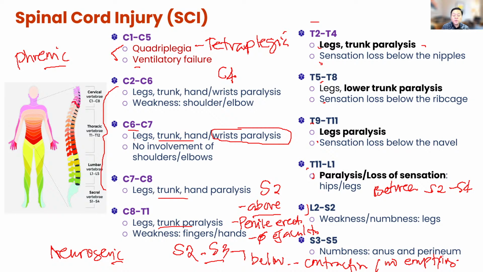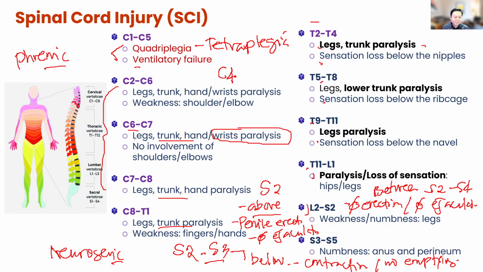And so the patient will no longer be able to have penile erection and no ejaculation. Both will be gone. No erection, no ejaculation this time. Again, this is if we're talking about injury between S2 and S4 levels.